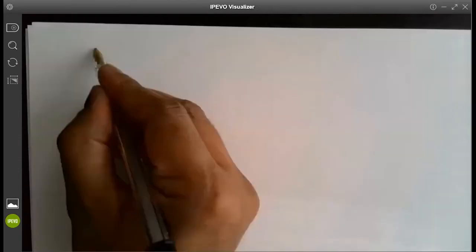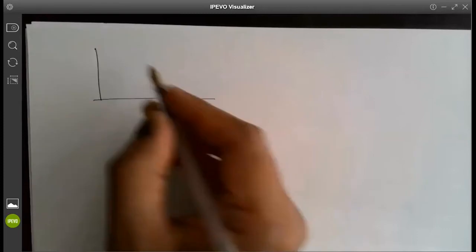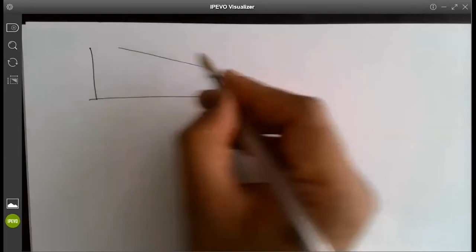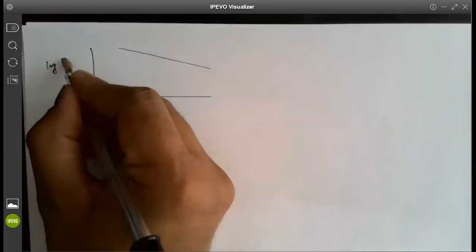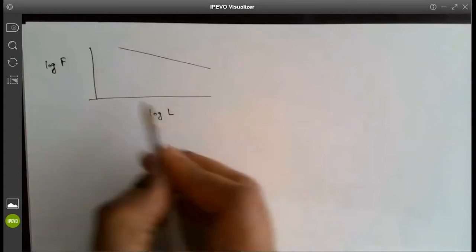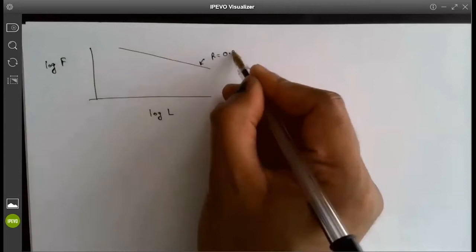So what we are actually going to say is that we are working with logarithm of S and logarithm of L. This is the load-life relationship at a given reliability.